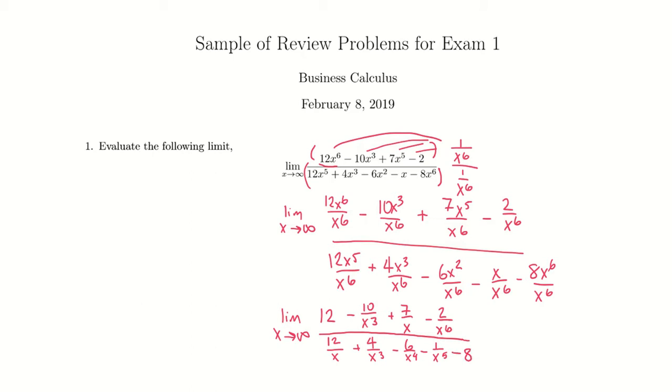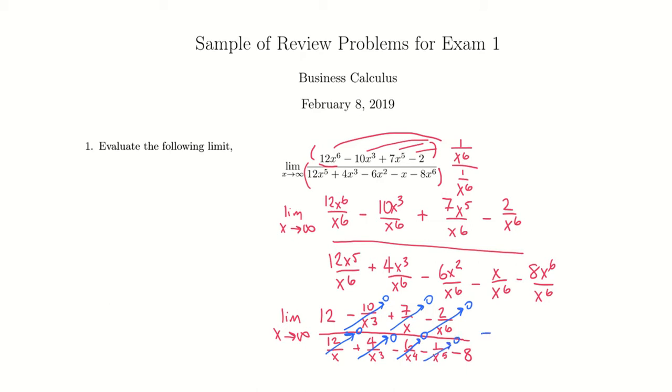So now when we think about plugging in this limit as x goes to infinity, any of these individual terms that has an x or an x to a power in the denominator is going to go to 0. 10 over x to the 3rd, that whole term is going to go to 0. This term is going to go to 0. This term is going to go to 0. So anything with an x in the denominator will go to 0.